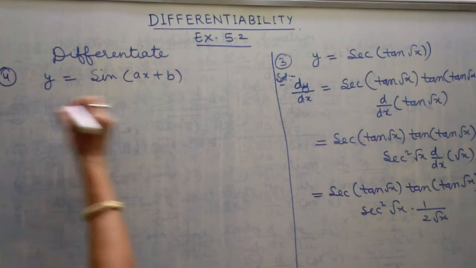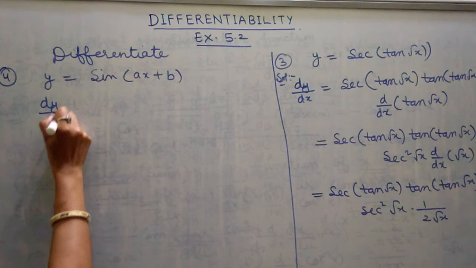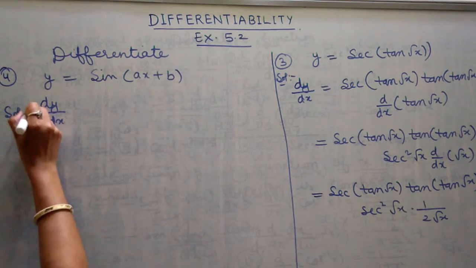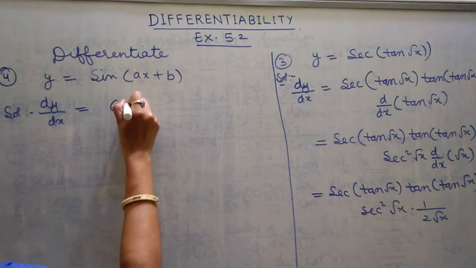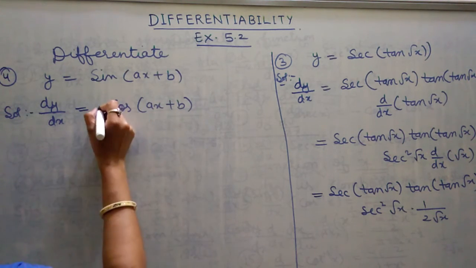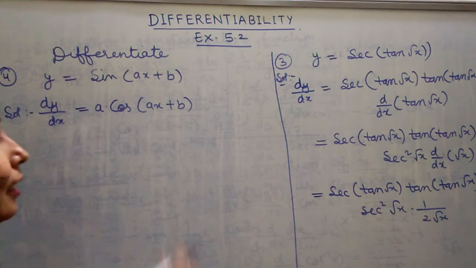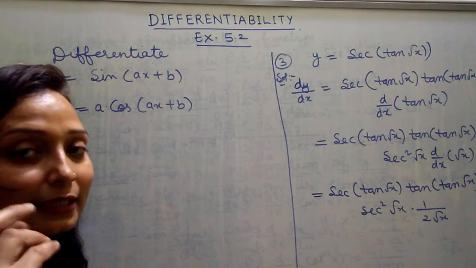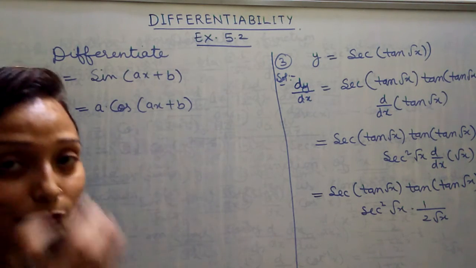How can you find the derivative? Simple. Dy upon dx: sine's derivative is cos of ax plus b, and when you further take the derivative of the inside, it equals a. B is a constant, and its derivative is equal to 0.